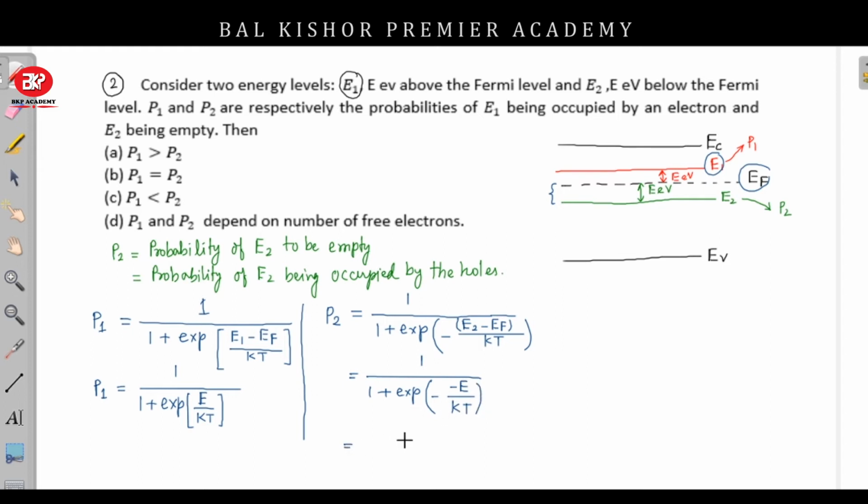Ultimately it will come out to be 1 by 1 plus exponential capital E divided by KT, which is same as P1. So we can see that P1 and P2 are same. That means the option B is the correct answer.